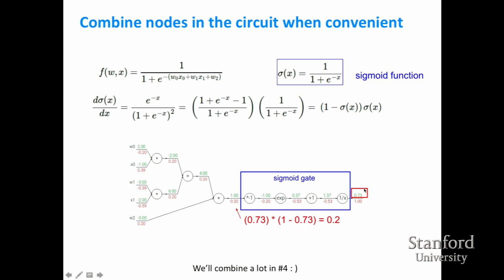If that was our value here of sigma x, then the derivative that will come out here is just 1 minus sigma x times sigma x. And so we could, in theory, also define our circuit differently. In fact, the circuits we eventually define are this whole thing as one neural network layer. And internally, we know exactly the kinds of messages that pass through such a layer, or the error signals, or again, elements of the final gradients.